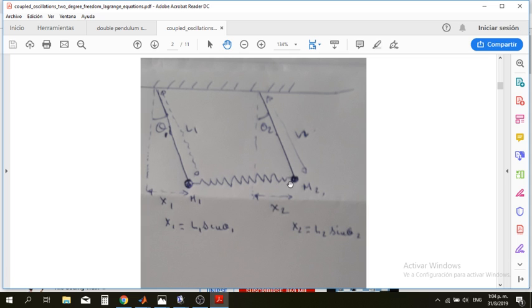The masses are connected by this spring. Today we are going to study the problem in which both lengths are equal, L1 equals L2, and the masses will be equal later on in the video, but for now let's say M1 and M2.